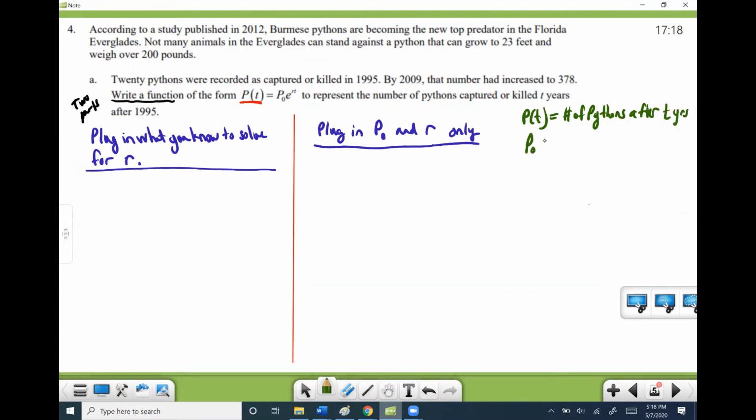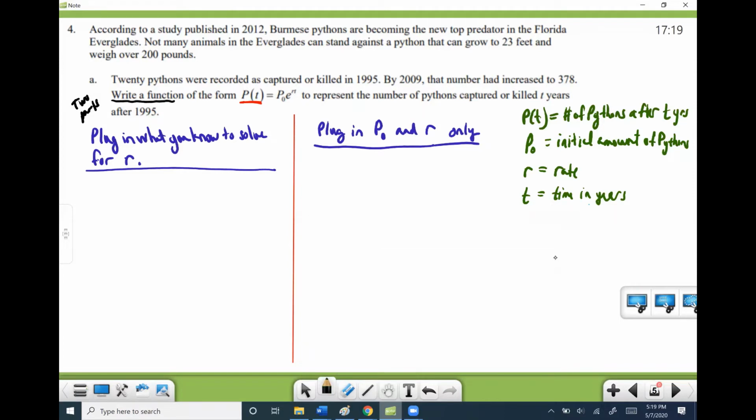P naught is always the initial amount of pythons, always the initial amount of whatever, in this case, pythons. R is going to be the rate at which it's growing, right? And T is going to be the time in years in this case, right? Time in years. All right, so we just have to substitute all those things in.